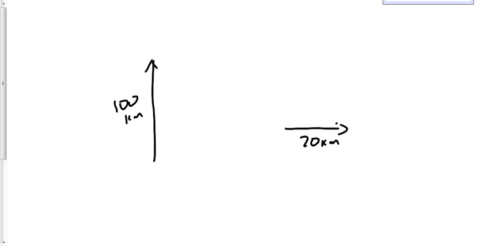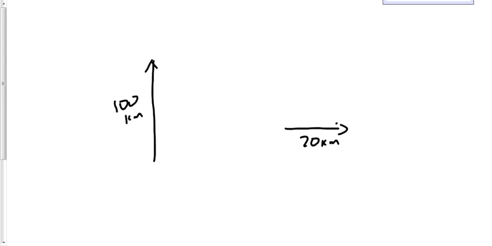Well, I have to add these vectors together, just like I did before, right? Except this time, we're not going to say 100 plus 20 is 120, or 100 minus 20 is 80. We're going to have to add these vectorially using the skills that we've learned over the last couple of days, right?